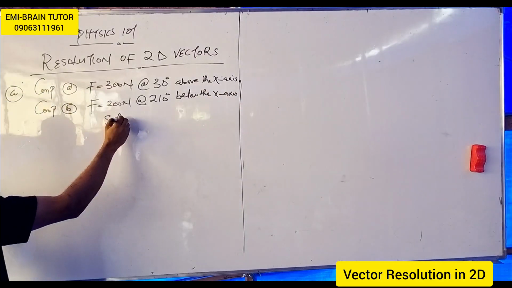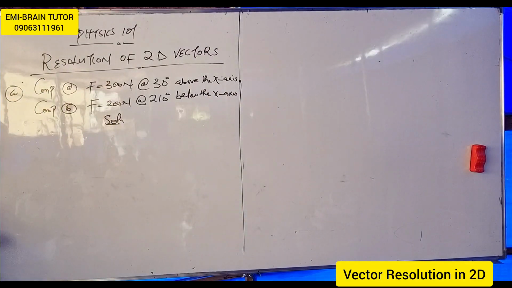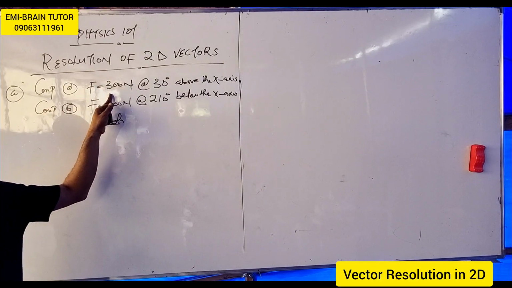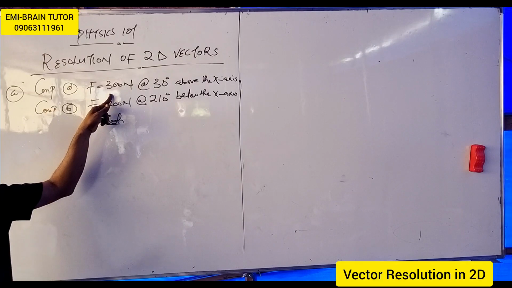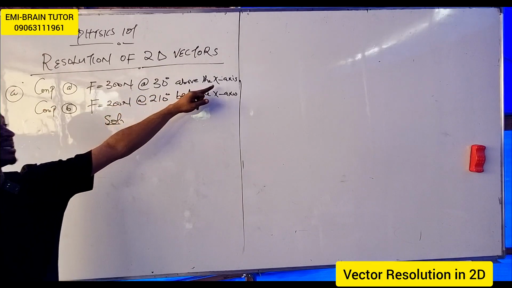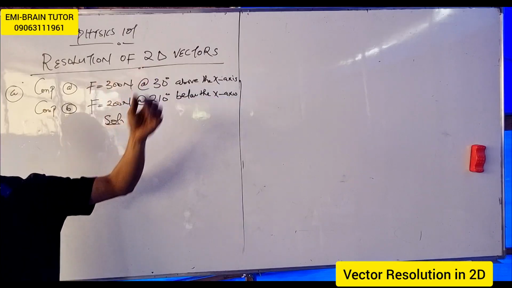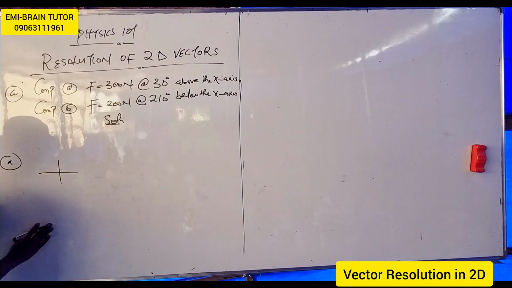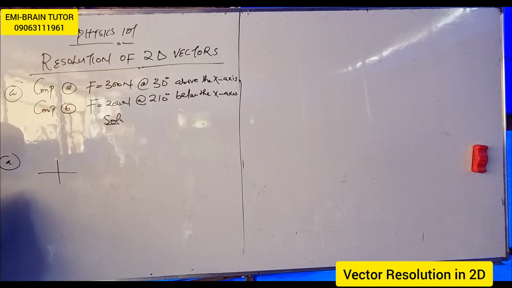Solution. These are just simple questions, but they are kind of technical. Now, our force is given as 300 Newton, which is our resultant force. At what angle? What is the reference? The x-axis. Above the x-axis. Meaning, for the first one, if I have this, where is the x-axis? This.